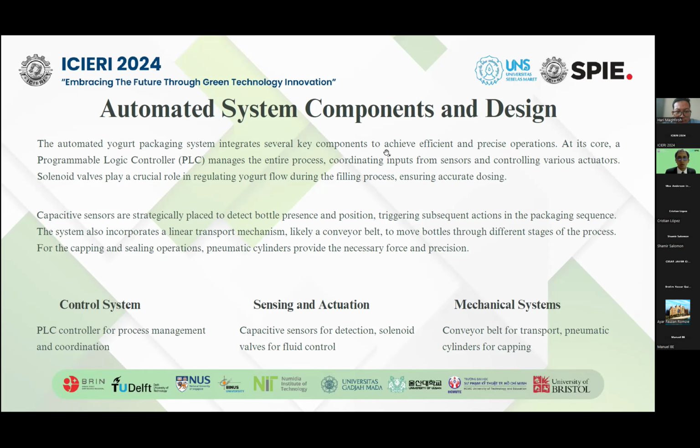A conveyor belt moves bottles through stages, and pneumatic cylinders provide precise capping and sealing. In summary, the system integrates a PLC, capacitive sensors, solenoid valves, a conveyor belt, and also pneumatic cylinders to create an efficient packaging solution.